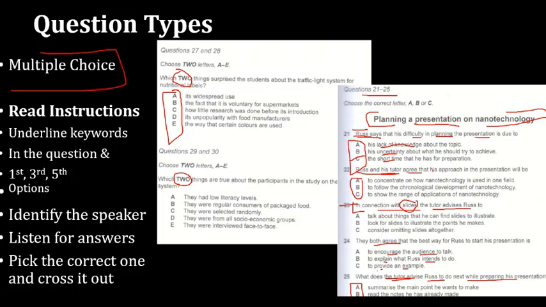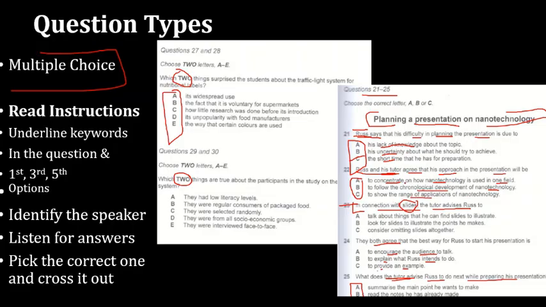What Rice and the teacher agree on is his approach in the presentation. It is to concentrate on how nanotechnology is used in one field, to follow the chronological development of nanotechnology, or to show the range of applications of nanotechnology.